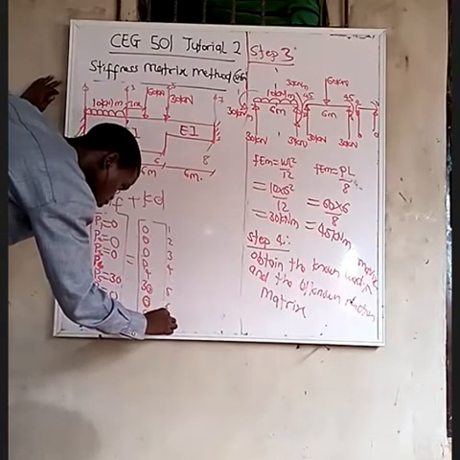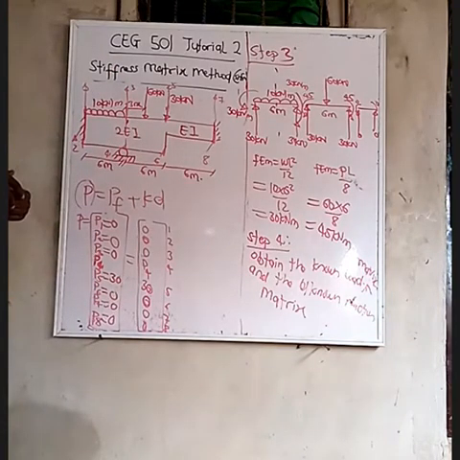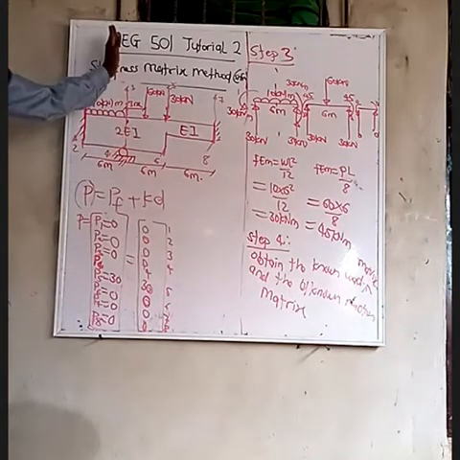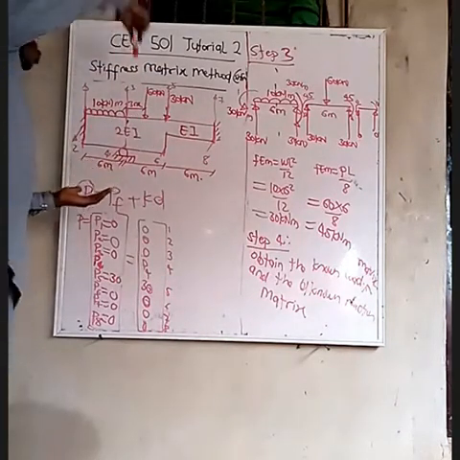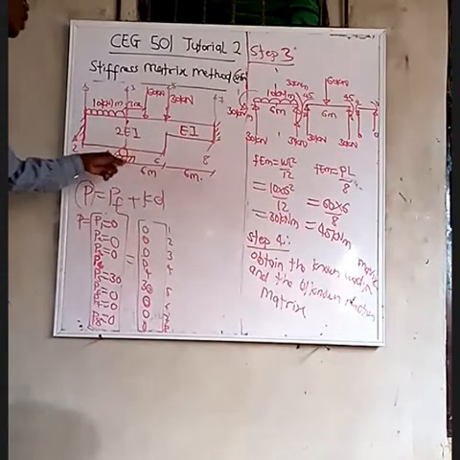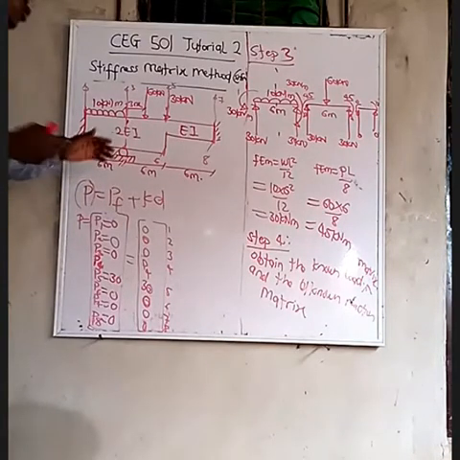So you name 1, 2, 3, 4, 5, 6, 7, 8. Is that clear? Sorry, Johnson, your P4 is unknown because of the roller support at that point. No, because of the roller support, that is why reaction is equal to 0. There is no load acting on it. But there could be a movement here.